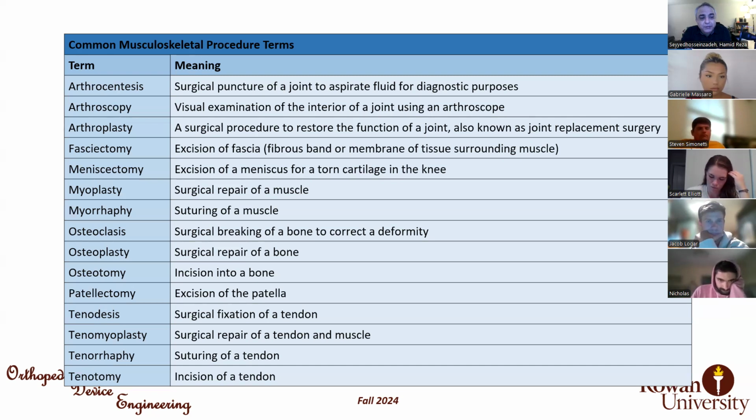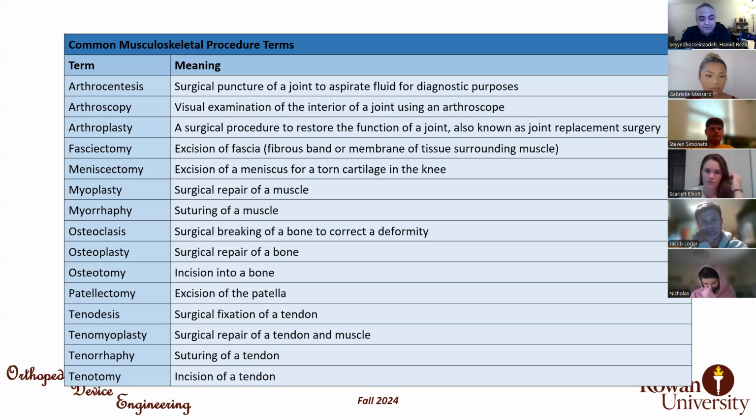Patelectomy, ectomy means removal, excision. Patella is the capbone, the kneecap bone. So patelectomy is removal of the patella or kneecap bone. Teno means tendon.